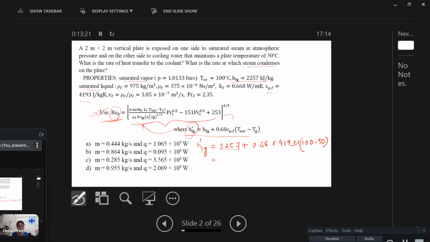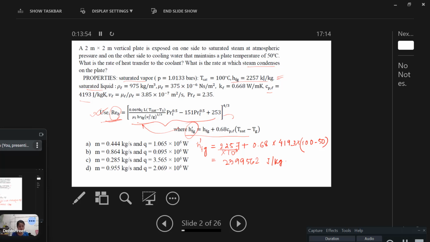This we need to convert, it is kilojoule per kg, right? So we need to convert into joule, so 10 cube. So this is around 2399562 joule per kg.